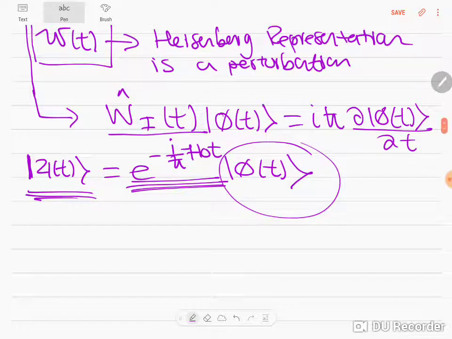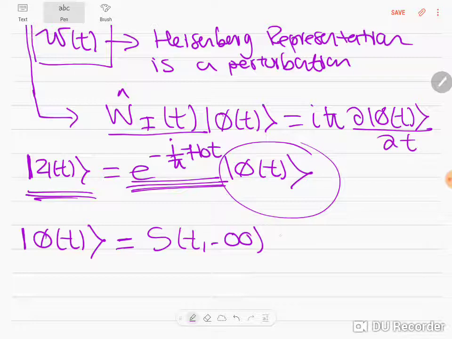And this phi of t, as I said in the previous lecture, can be written iteratively in terms of a series of sums that are contained in the scattering matrix, with the knowledge of this state at minus infinity.